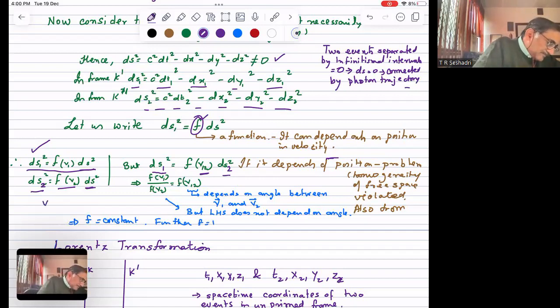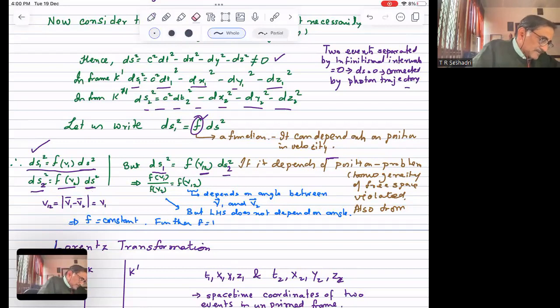Now, V12 is equal to mod of V1 minus V2, which is equal to the square root of V1 square plus V2 square plus 2 V1 V2 cos theta, where theta is the angle between them.